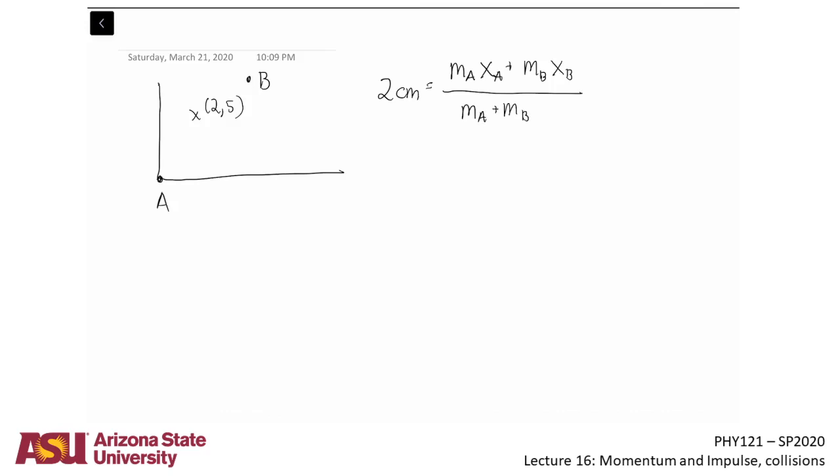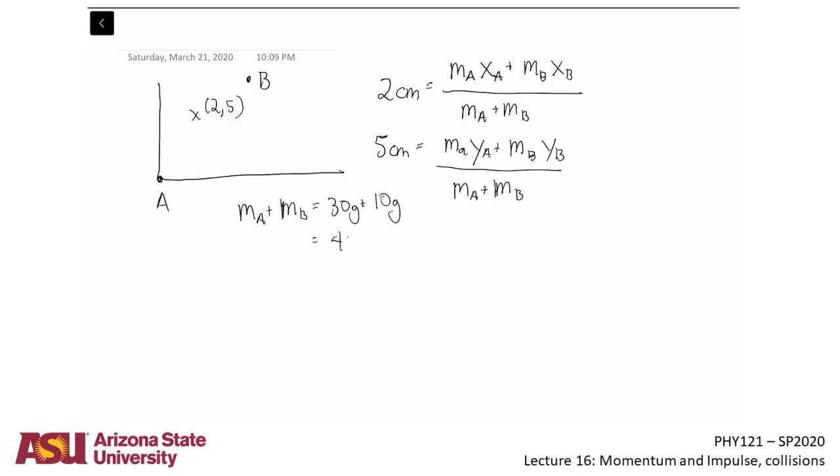Okay? And we need to have 5 centimeters equal (MA YA plus MB YB) over (MA plus MB). There are a few things that are helpful here. One is MA plus MB, if we remember, is 30 grams plus 10 grams, which is 40 grams.